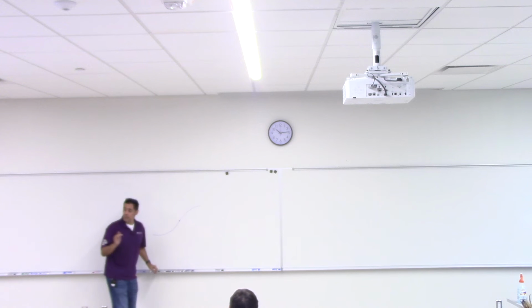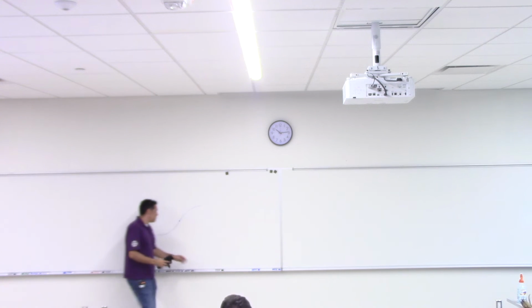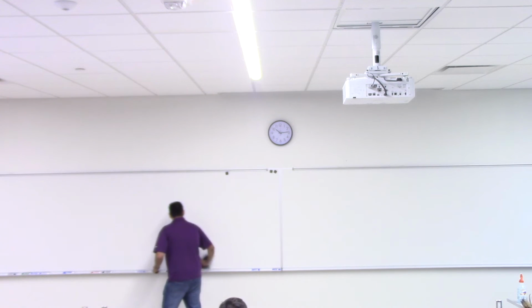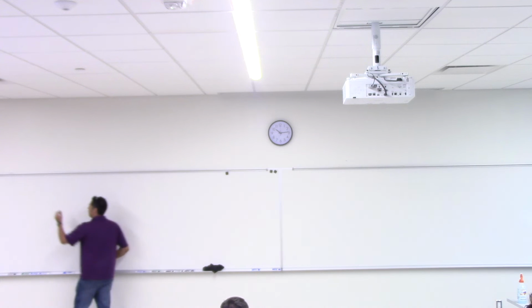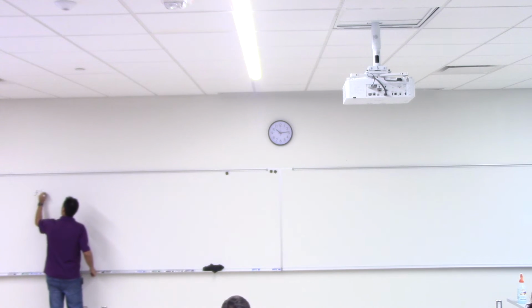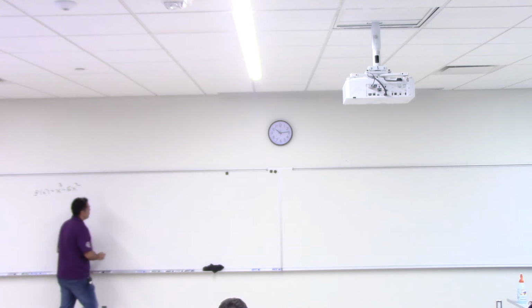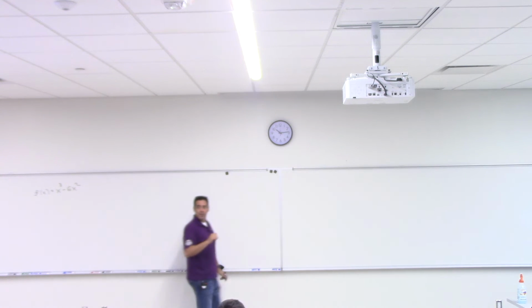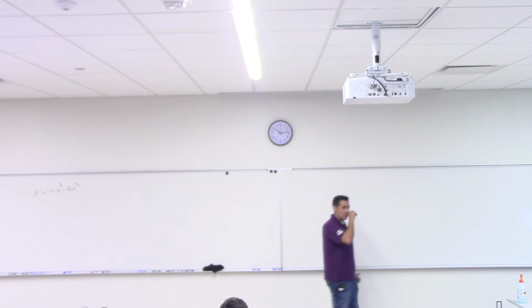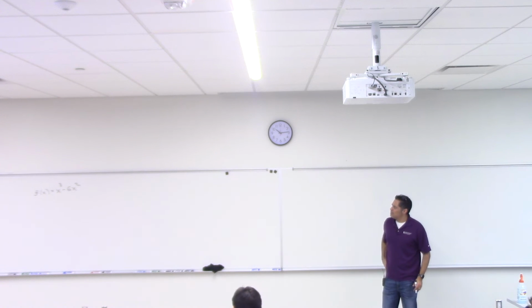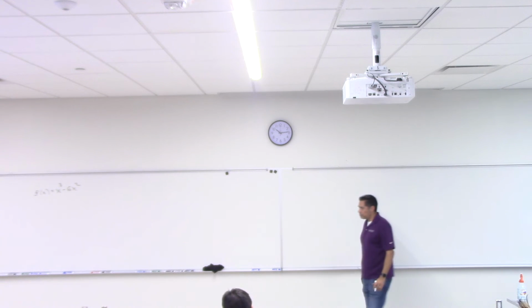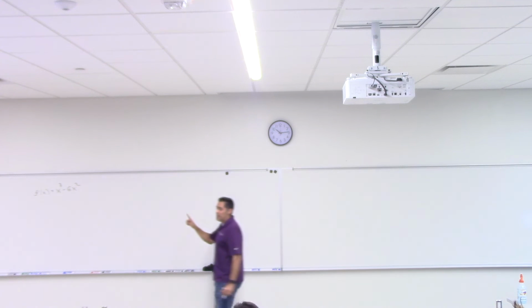Okay, got it? So let's go back to the problem we started with, the first problem we did. Remember this one, f of x was x cubed minus 6x squared, right? We figured out where that graph was going up and down. We found the local max and local mins, right? That was the function. Okay, what I'd like to do now is add some things to this.